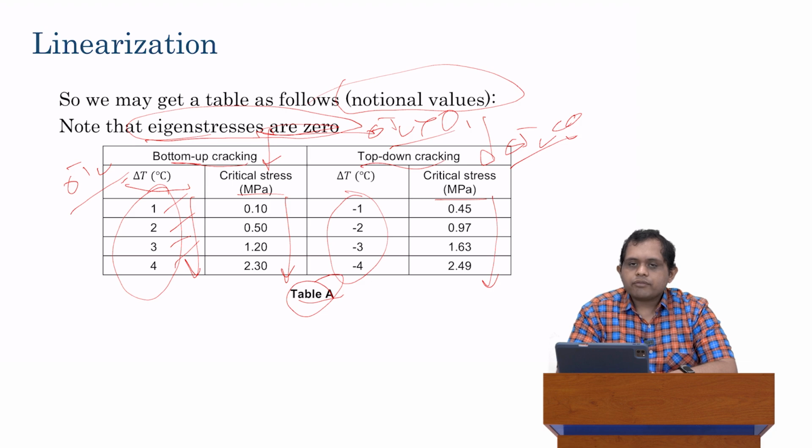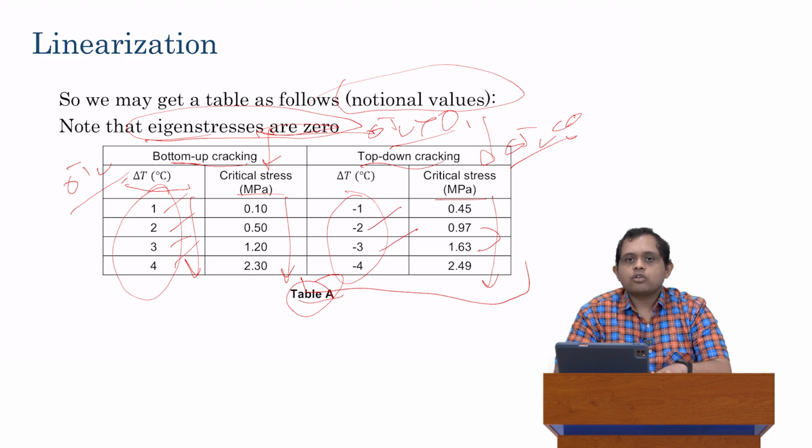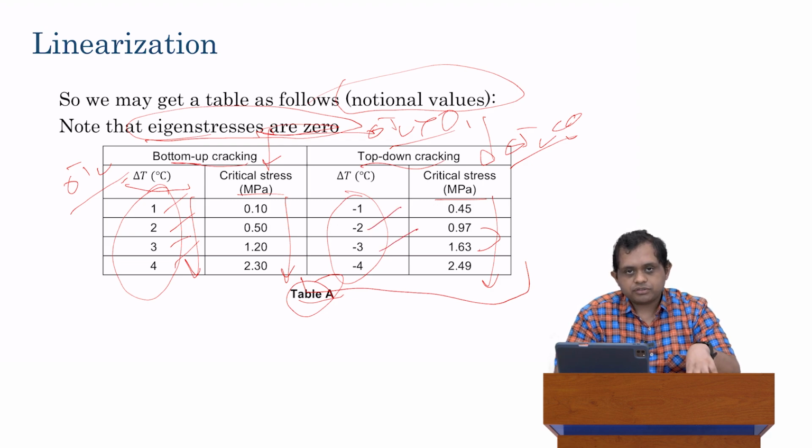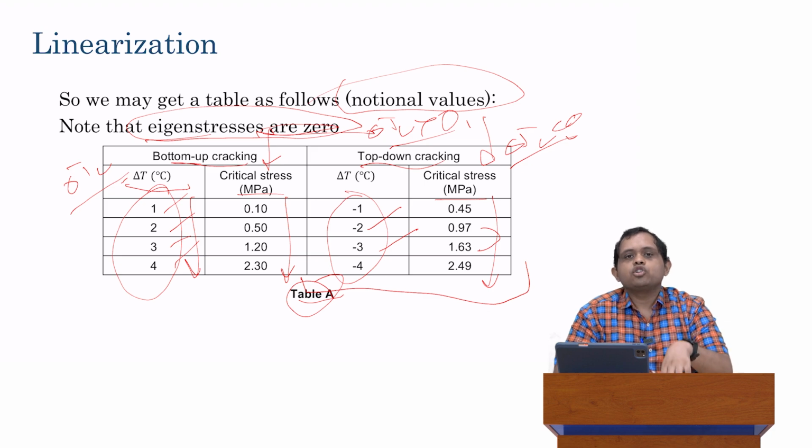In table A, we are talking about top down cracking, so we look at this half of table A and look up where this value 0.98 falls within the temperature range. We see that 0.98 is between 0.97 and 1.63. So somewhere between -2 and -3 degrees Celsius of an assumed linear temperature difference, we would get the stress of 0.98.